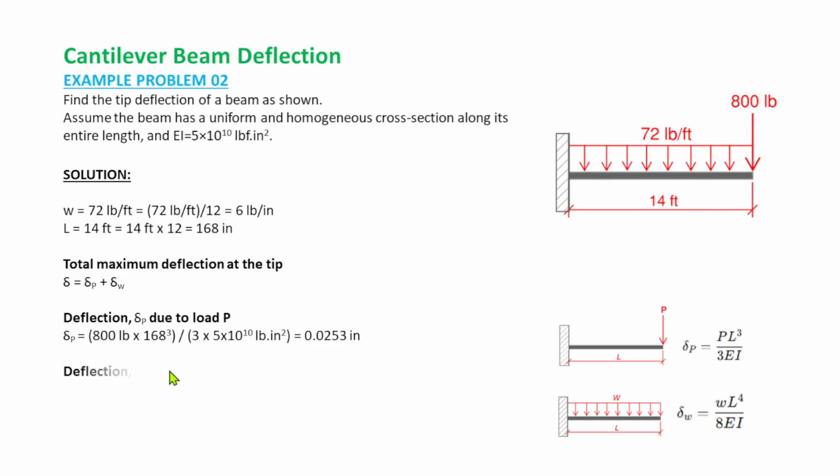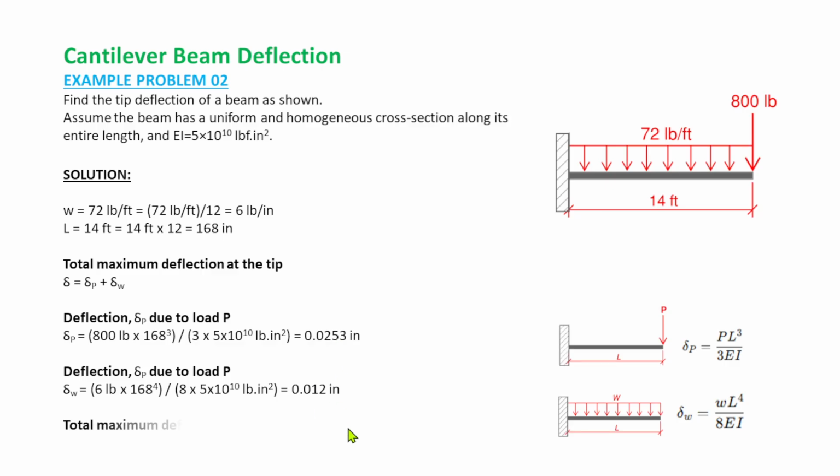The next step is to find the deflection due to the uniform load, that is WL to the fourth over 8EI. The formula is 6 pounds times 168 to the power of 4 divided by 8 times 5 times 10 to the power of 10, that is the flexural rigidity, equal to 0.012 inches.